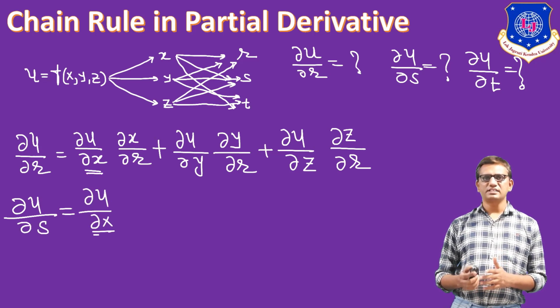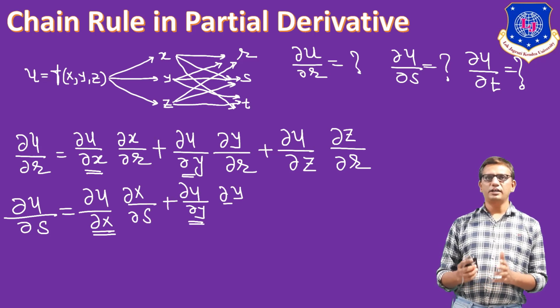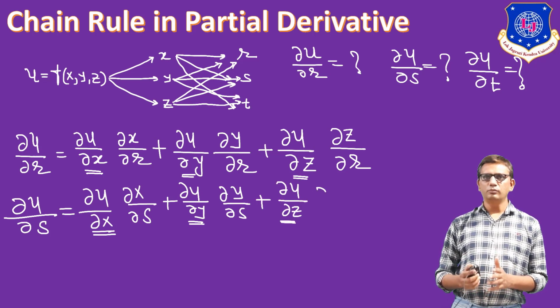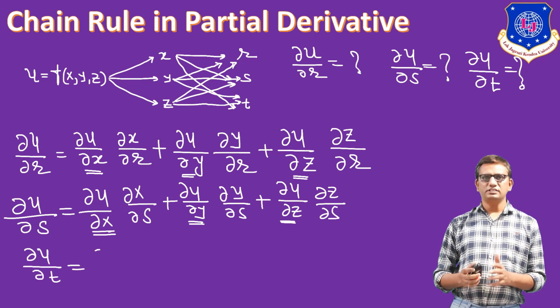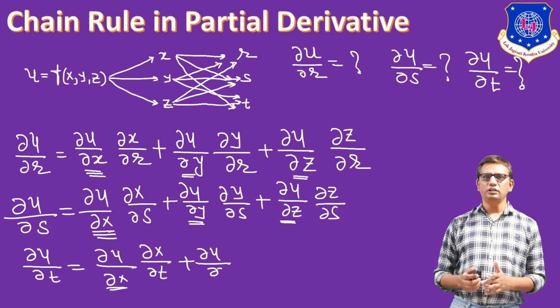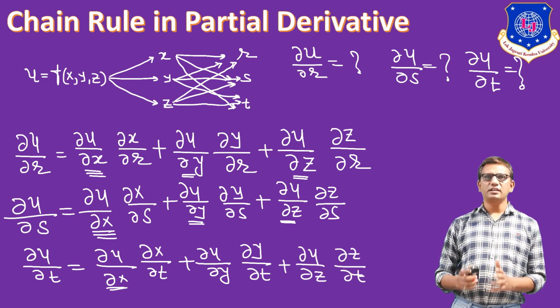Now del u by del s is similar: del u by del x into del x by del s, plus del u by del y into del y by del s, plus del u by del z into del z by del s. So that is del u by del s, and similarly del u by del t can be written like this: del u by del x into del x by del t, plus del u by del y into del y by del t, plus del u by del z into del z by del t.